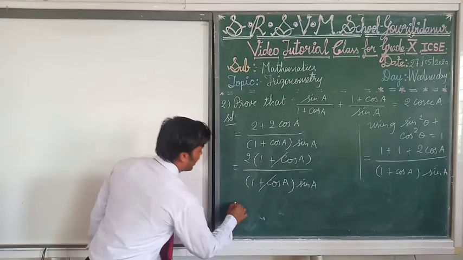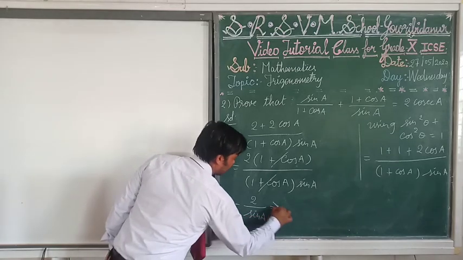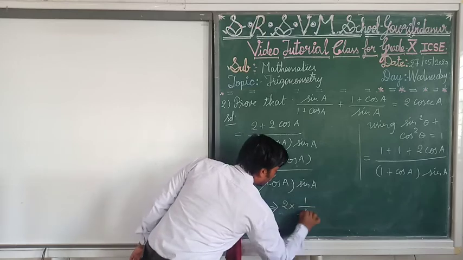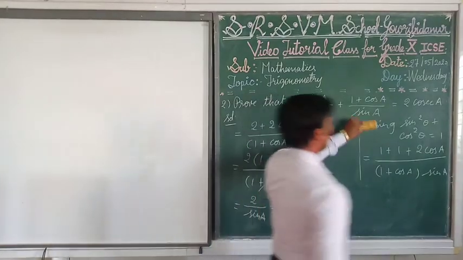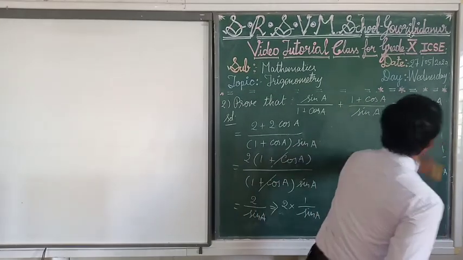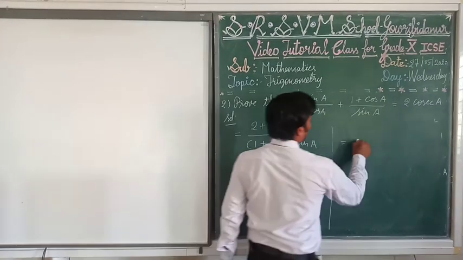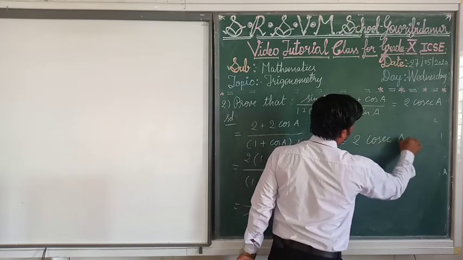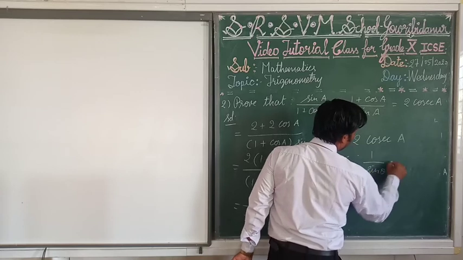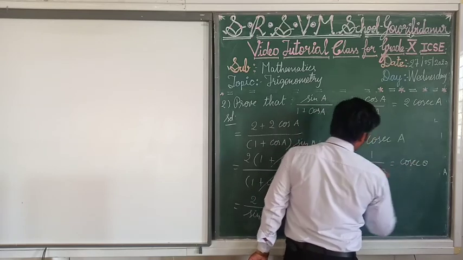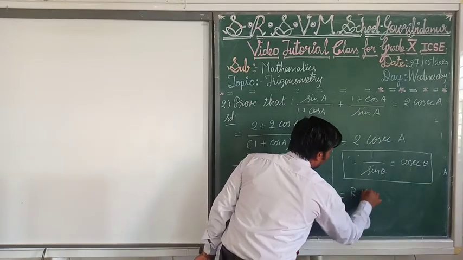Finally we are getting 2 divided by sin A. This implies 2 multiplied with 1 by sin A. We already know the reciprocal formula: 1 by sin A is nothing but cosecant A. Therefore this is equal to 2 into cosecant A, since 1 by sin theta is equal to cosecant theta. According to the reciprocal formula this came, that is nothing but RHS, hence proved.